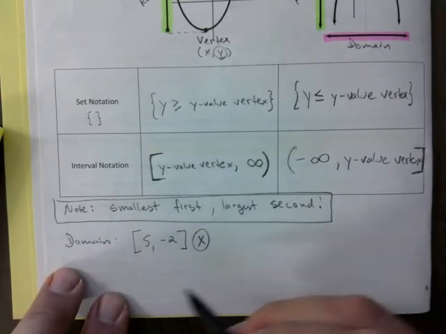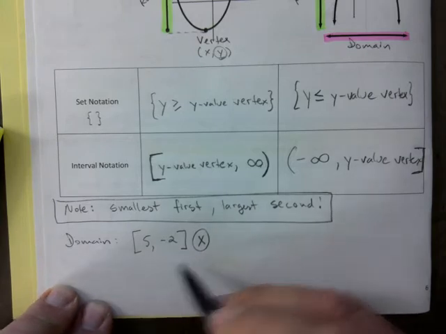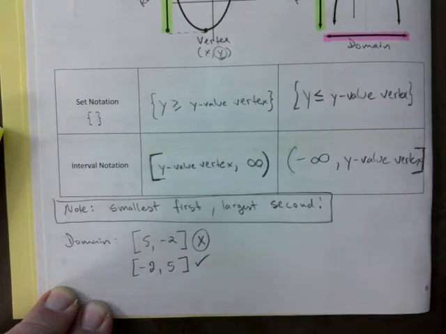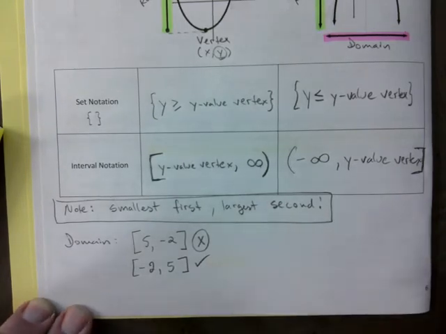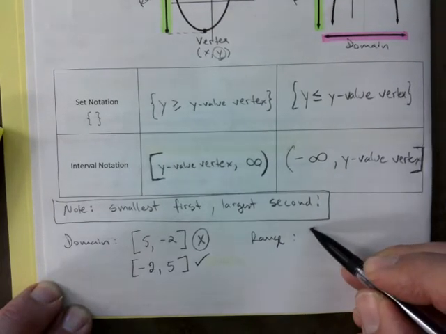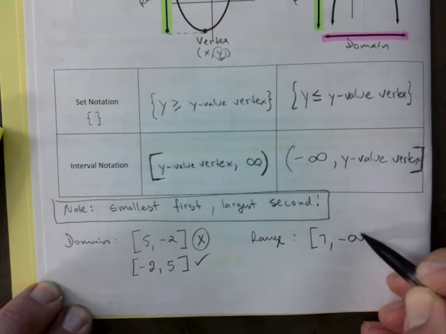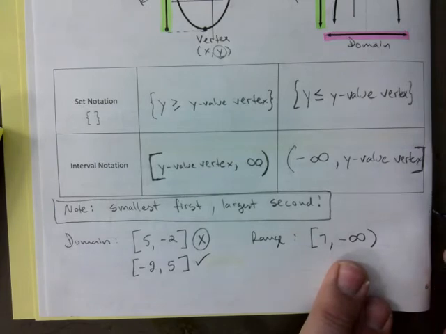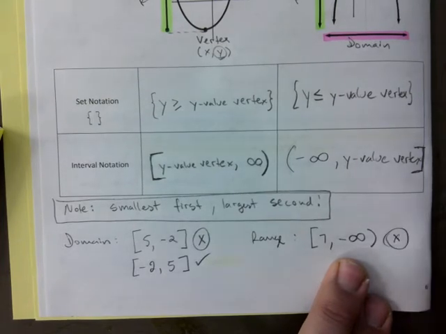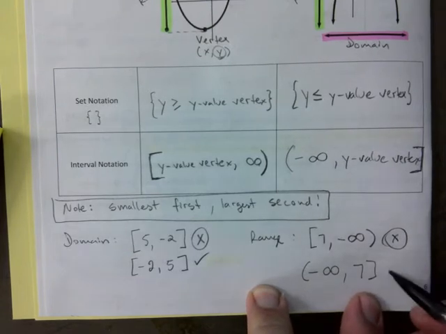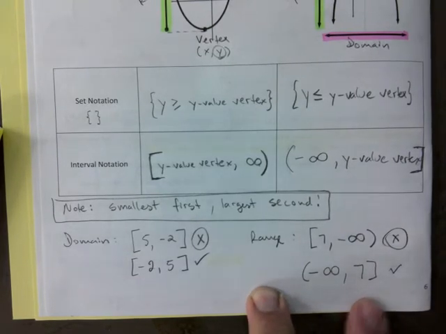It should be -2, 5. And your range, for example, if you ever have 7, negative infinity like this, what's wrong with that? Which one is smaller? Negative infinity is smaller. So this is wrong. You would have to put the negative infinity first and then 7 next. So that's the right way to do it.